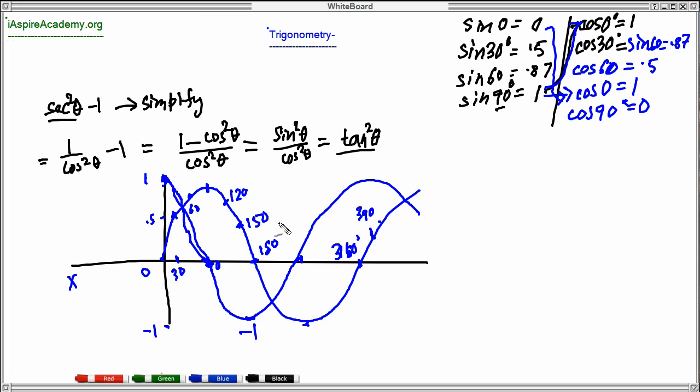One more thing you may want to get from these graphs is after how many degrees the curve repeats itself. Let me choose a different color, maybe red.